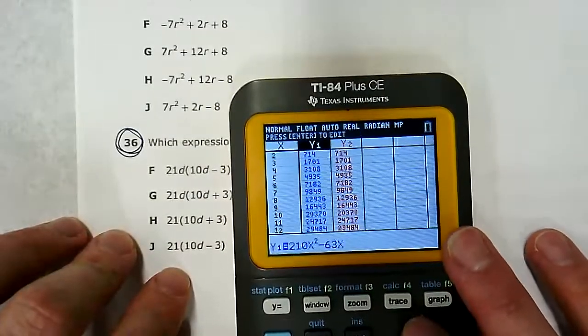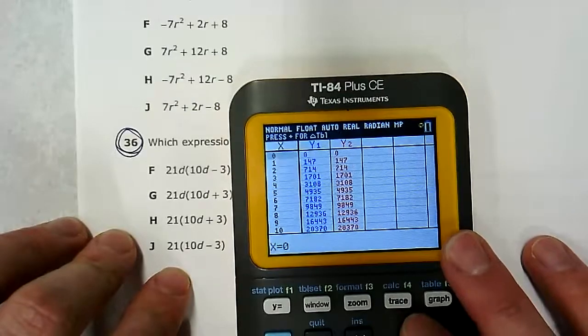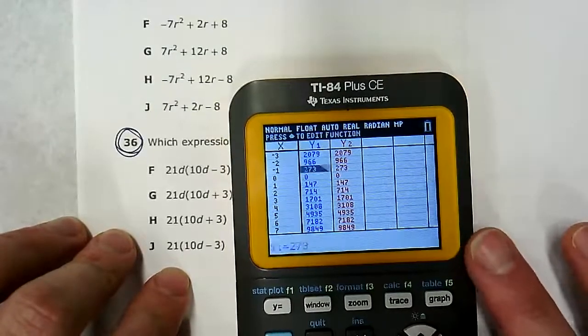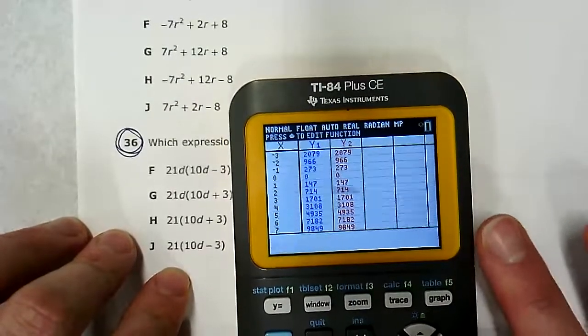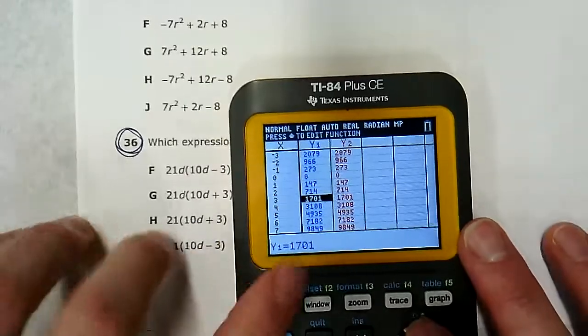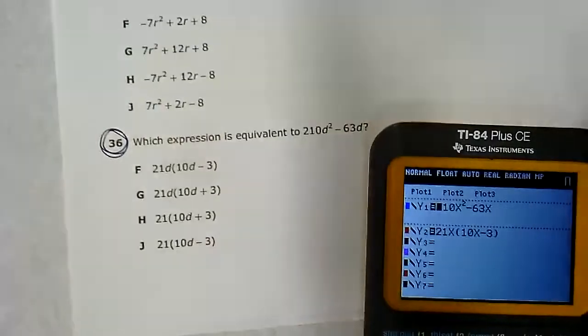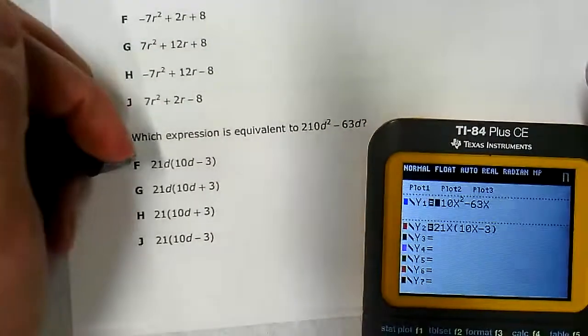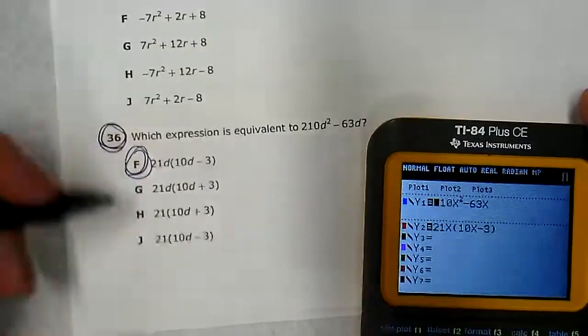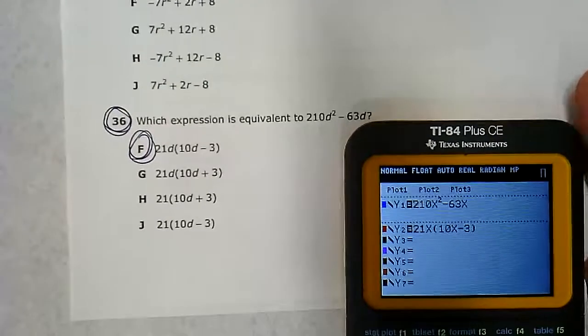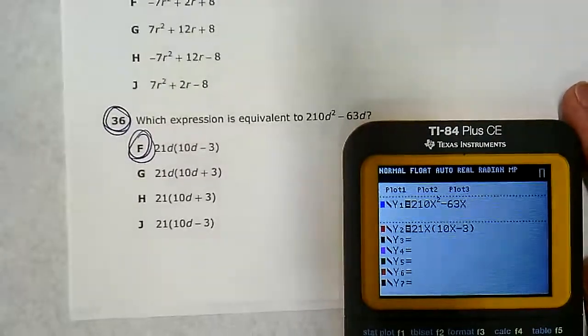When I look, my y values are all the same. So are these two expressions equivalent? Yes, they are. The answer is F. If you tried any of the other ones, you would not get the same values in our table.